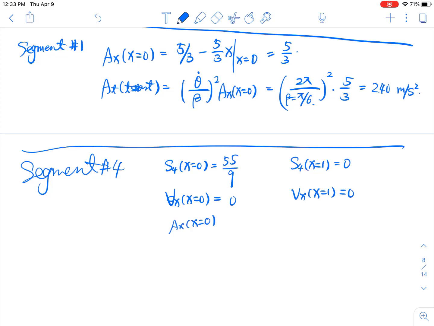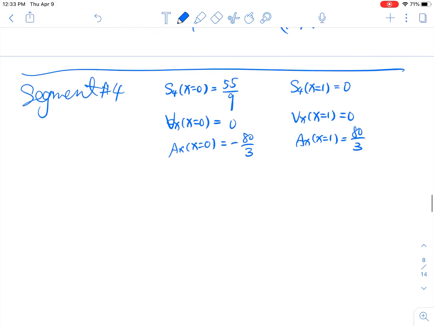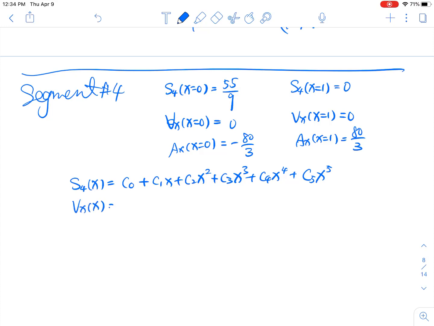Ax, from the previous derivation, is 80 over 3. Ax at x equal to 1 is 80 over 3. And then we have 6 boundary conditions. Then we know that your f4 of x should have 6 unknowns. That means it's 5th order. And then you can calculate Vx from dS4 over dx.